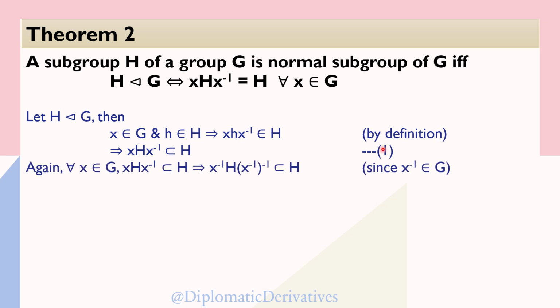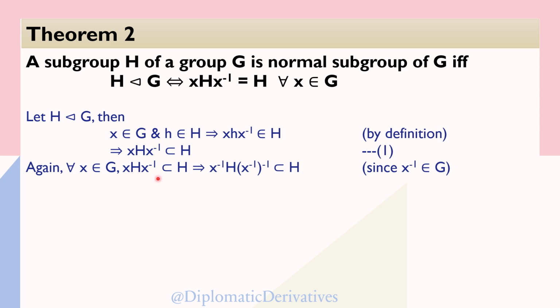Again, now X element of G, and we just proved that X H X inverse is a subset of H. Now you take the inverse, since we're talking in groups, and a group has inverses.